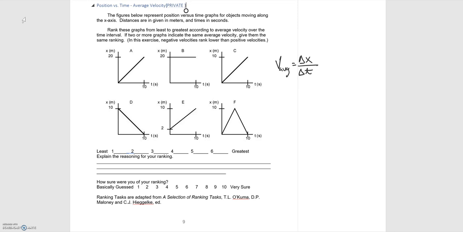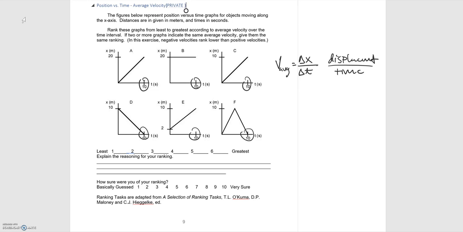And so we're going to need to know two things to be able to rank the average velocity. The first is the displacement, and the second is the time. So let's look at the graphs and let's look at the time axis, or the x-axis. You'll notice that all of the graphs end at 10 seconds.